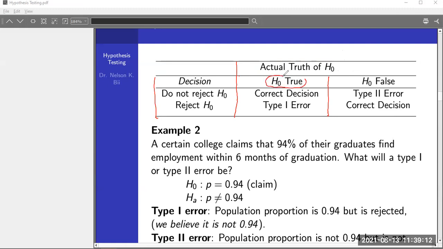It is true. But which decision do you make here? You fail to reject the null hypothesis when it is true. So that is the correct decision, isn't it? So you cannot reject the null. If you fail to reject the null hypothesis when it is true, then you've made the correct decision. But if you reject the null hypothesis when it is true, then you are making an error called type 1 error. You understand?